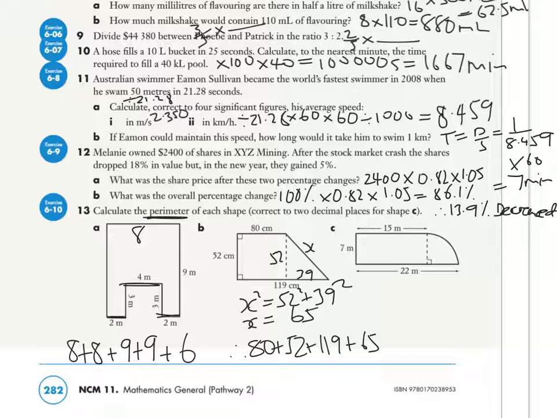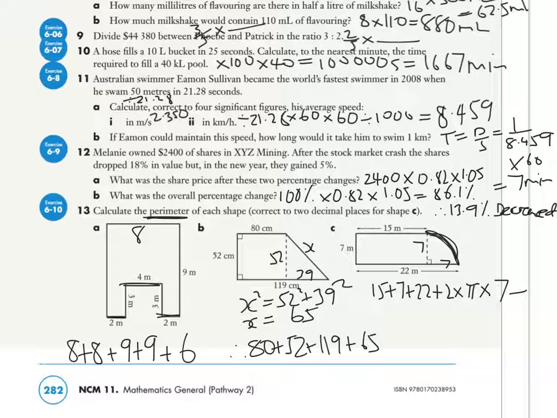For C, so we have a perimeter, we'll have 15 plus 7 plus 22 plus the curve bit, which is a quarter of a circle. So circle is 2 times pi times the radius. Now the radius is 7. Either there or there, doesn't matter.